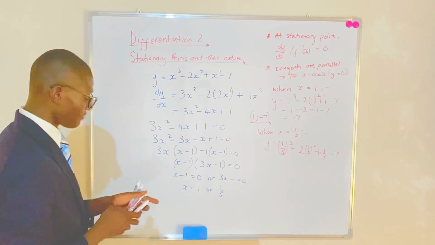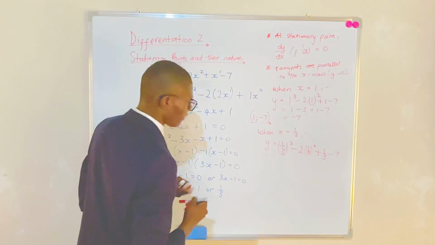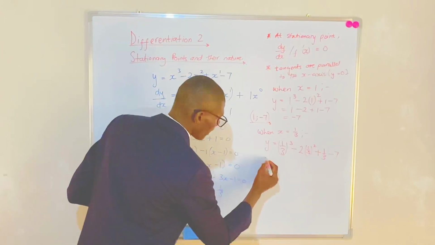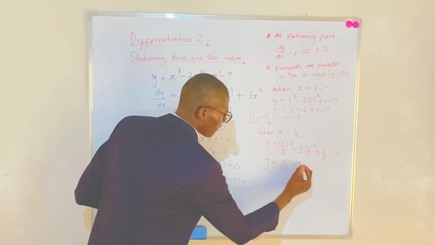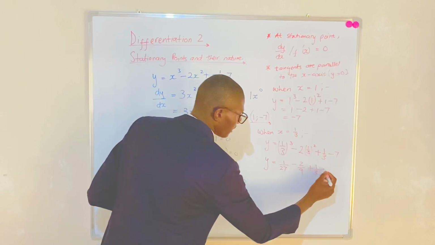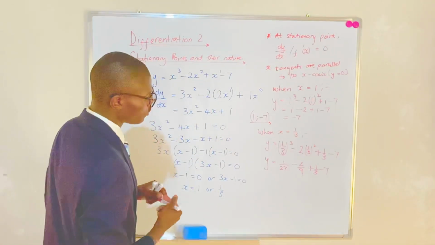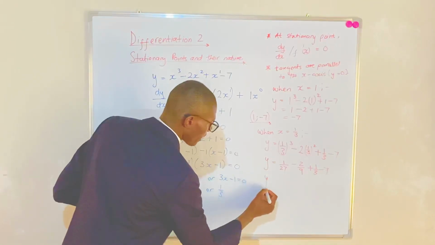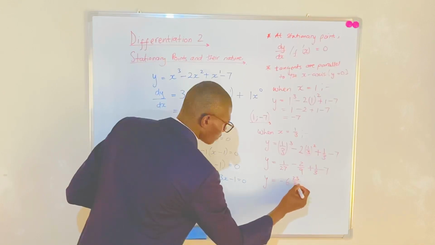So now simplifying that, we shall get y being equal to 1 over 27 minus 2 over 9 plus 1 over 3 minus 7, which will simplify to y is equal to minus 6 and 23 over 27.